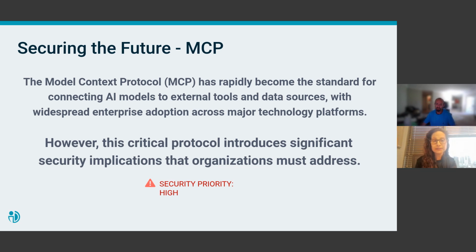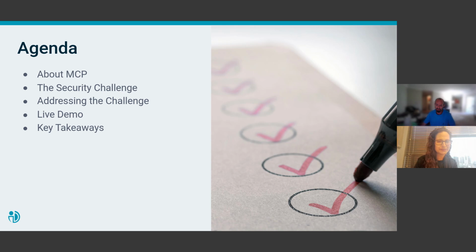So today, what we plan to do is understand what is MCP, what are the security implications, what's already available, and what you should consider when you start using MCP in regards to access controls and authorization. So that's our plan for today.